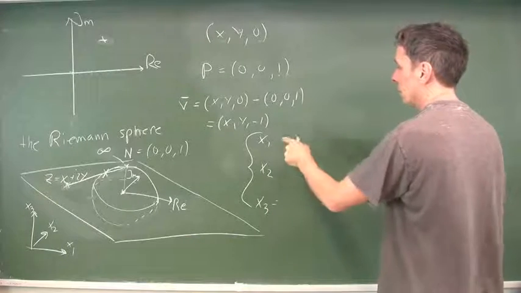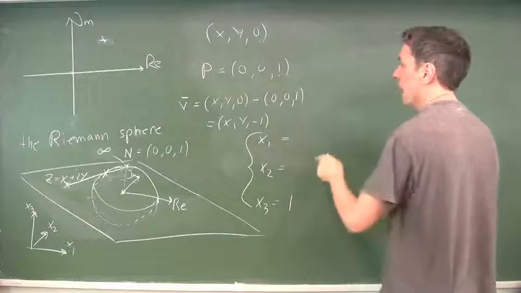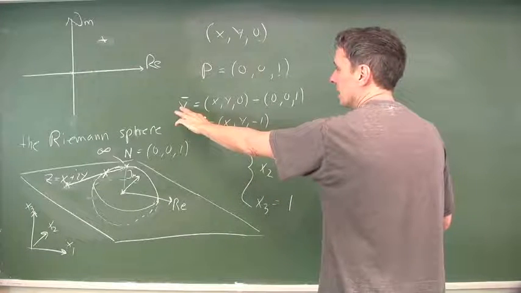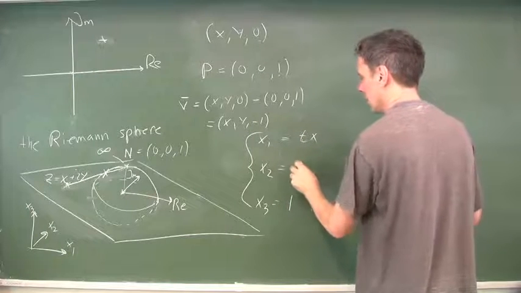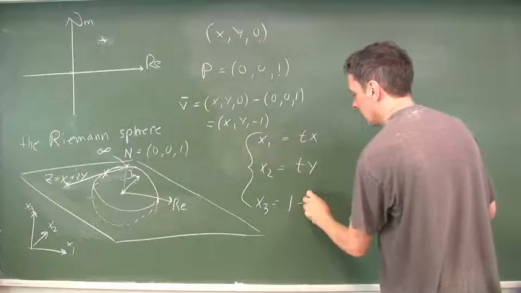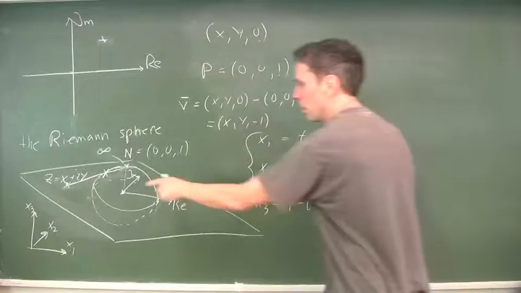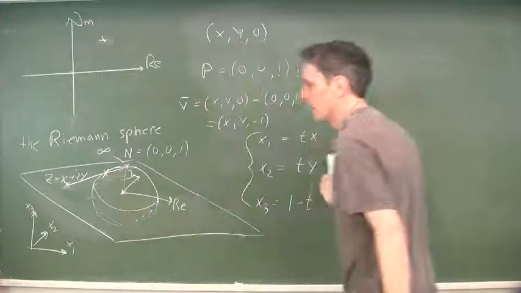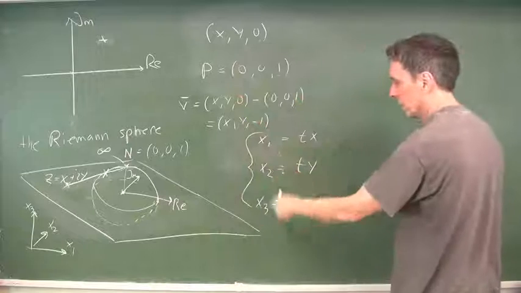First we get the point 0, 0, 1, and then we get t times this vector. So we get tx, ty, and t times minus 1. So this point on the sphere, which corresponds to z, will be of this form.